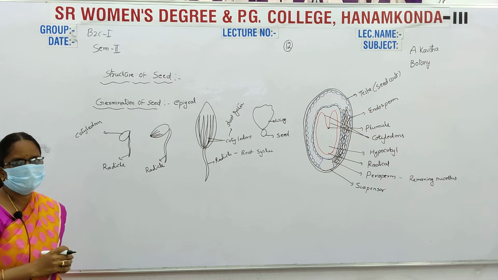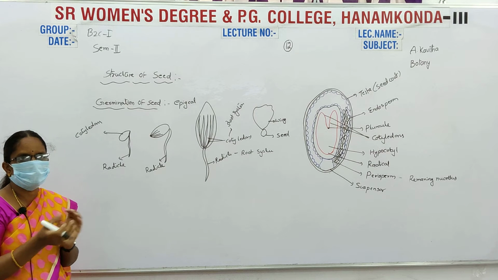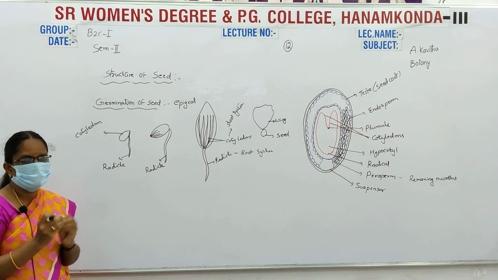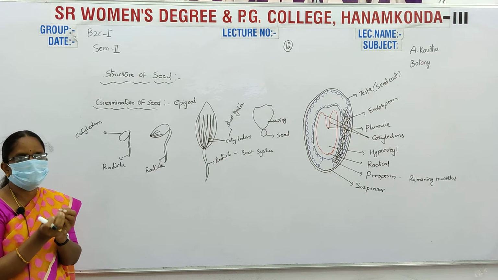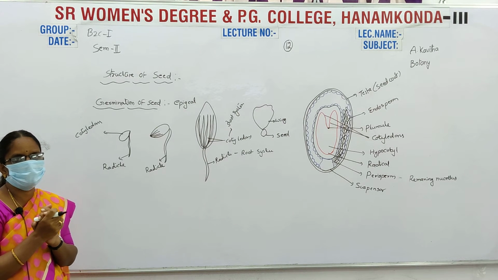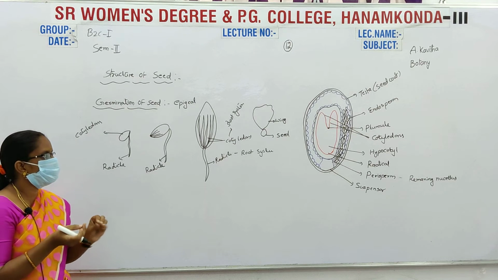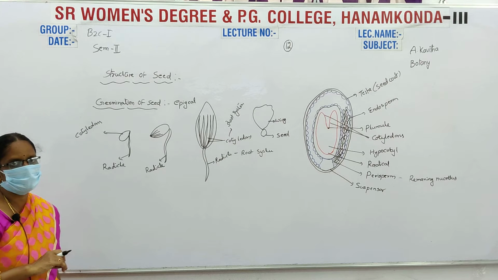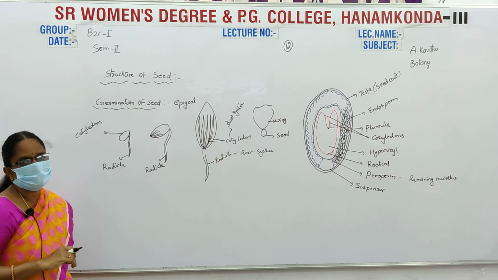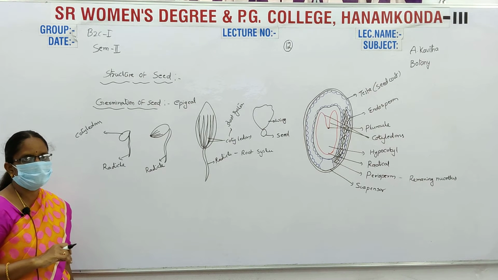Epigeal germination means the cotyledons are totally outside of the soil. The radicle enters into the soil, and the cotyledons are present on the upper side of the soil, and the cotyledons develop into 8 to 14 cotyledons. And they develop the shoot system of the Pinus.